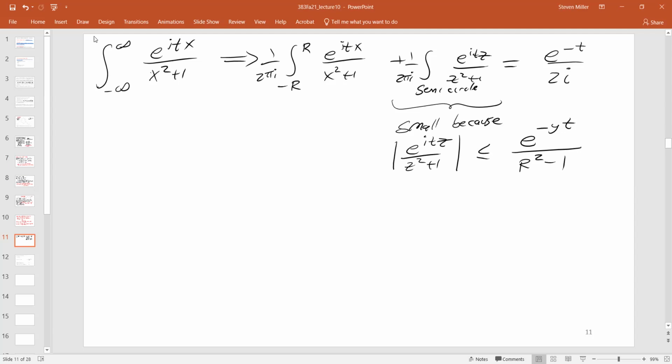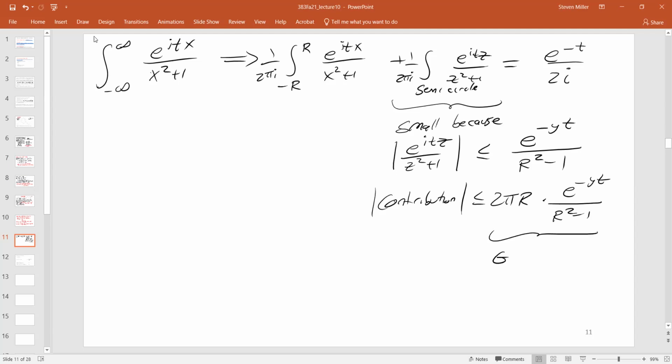But worst case for us in the bottom is if z squared is negative. So we're basically right at the point 0 plus ir. So it's at least r squared minus 1. Oh, sorry, at most r squared minus 1. So the contribution in absolute value is going to be less than or equal to 2 pi r times e to the minus yt over r squared minus 1, and this goes to 0.